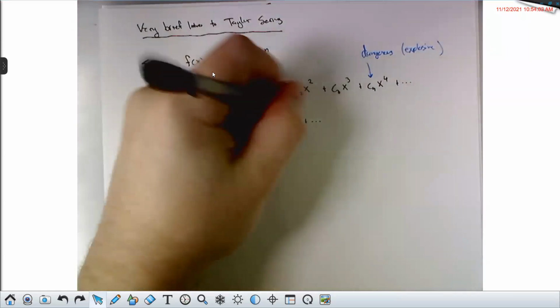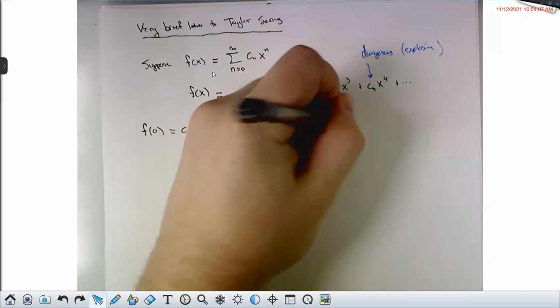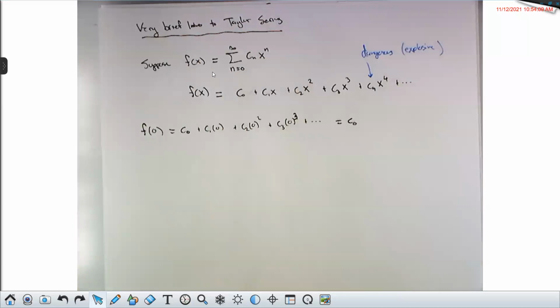You just get c_0, which means that the first coefficient of your power series is your function evaluated at 0. So if we're trying to find the coefficients, that's what we want to do. You can get the very first one, c_0, the constant term, by plugging 0 into your original function.